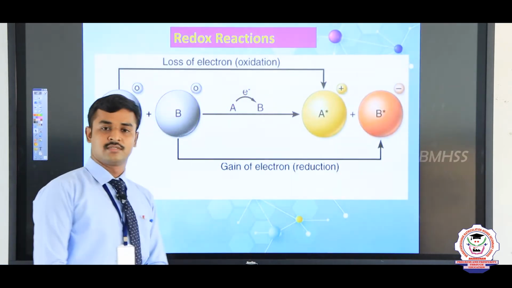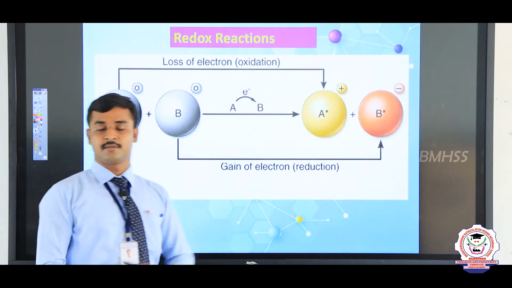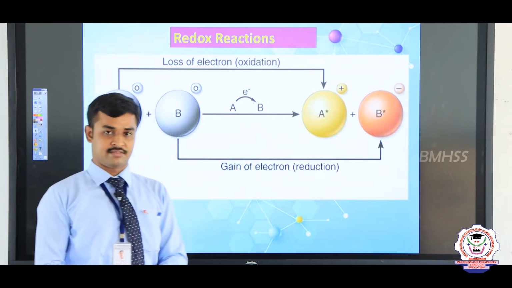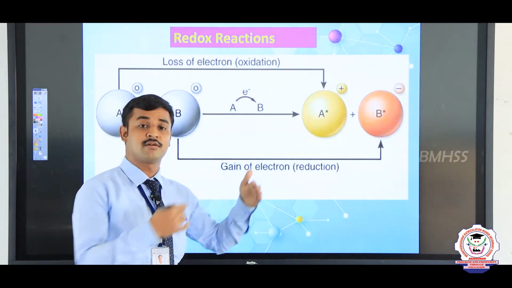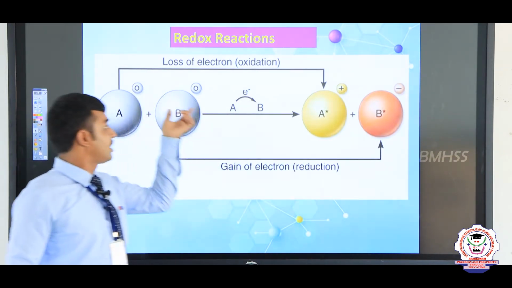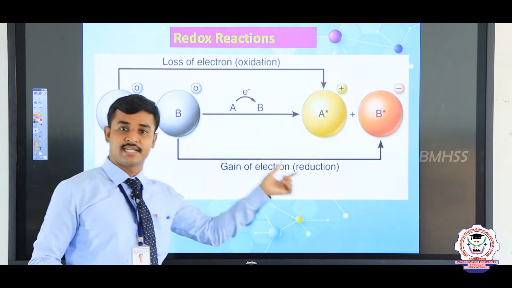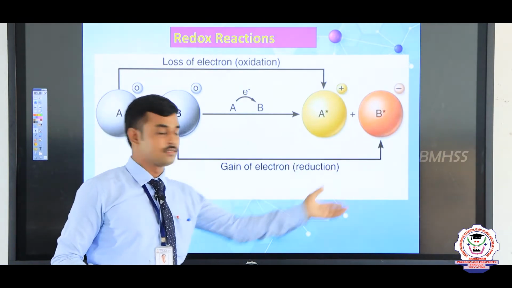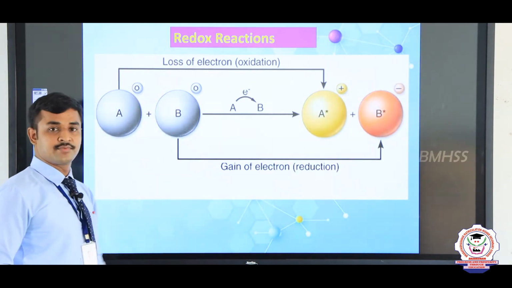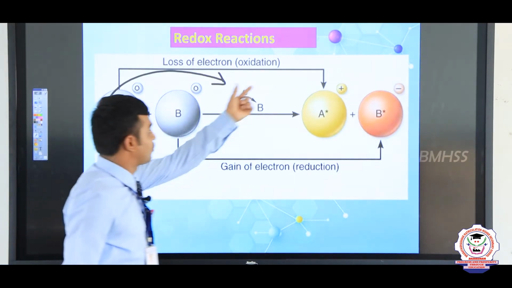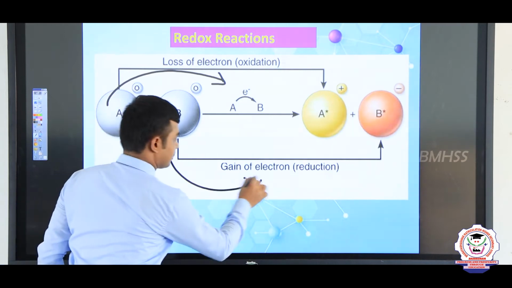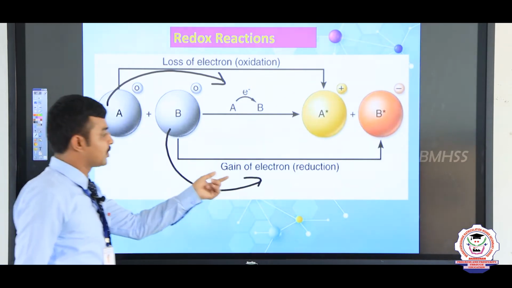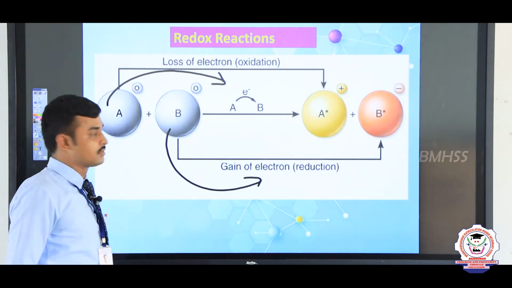Students, generally redox reactions contain both oxidation and reduction, in which one reactant gets oxidised by losing electrons and another reactant gains electrons and gets reduced. For example, in this equation, A loses one electron to get oxidised and B, the second reactant, gains one electron to get reduced.